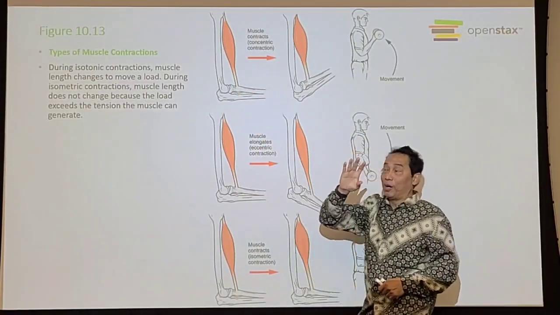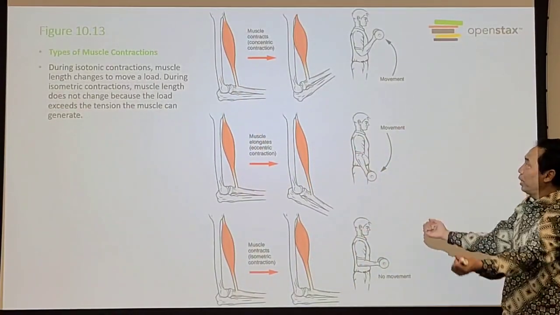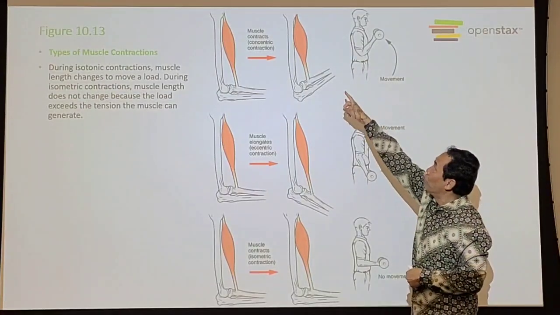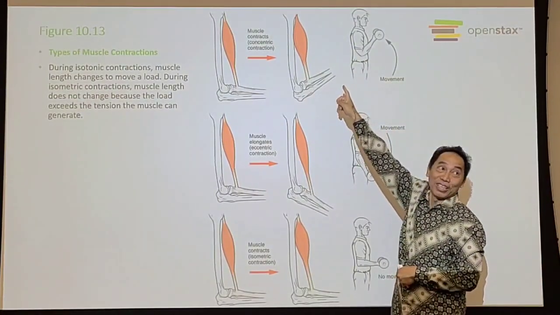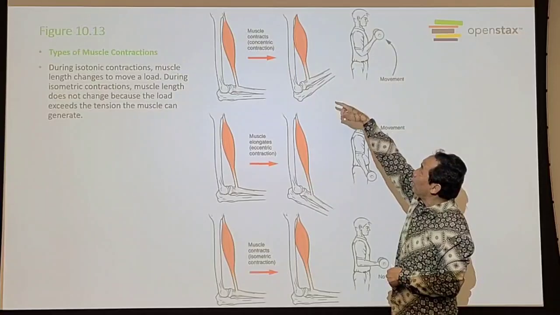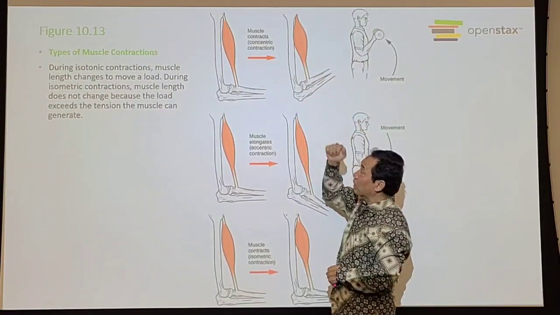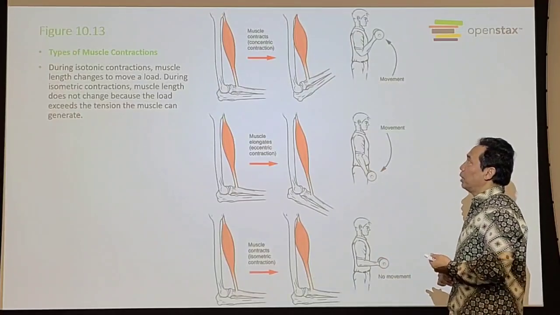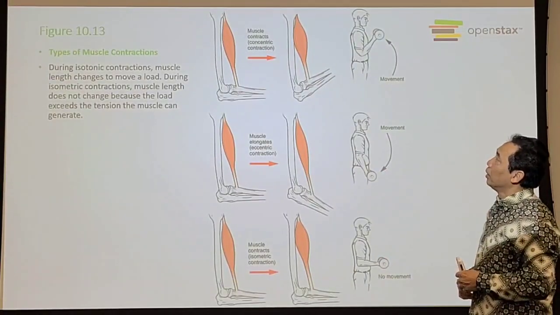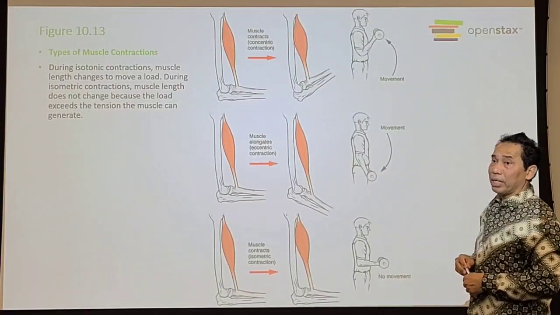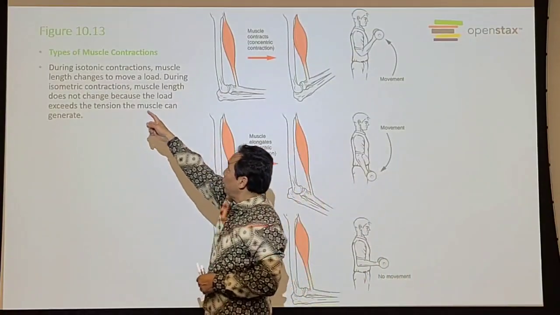Are you with me? Now, when this muscle contracts, it becomes more bulging over there. It becomes shorter, like a big belly. It will move the bone. Get it? Now there are two types of muscle contraction. The first one is called isotonic. You see that one?